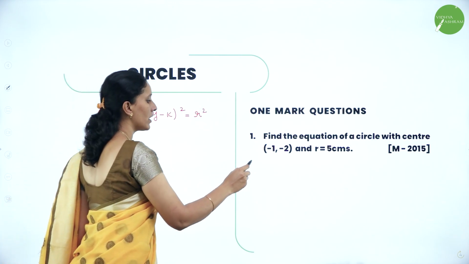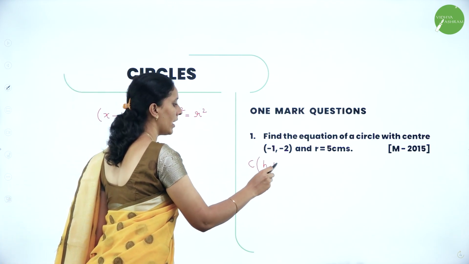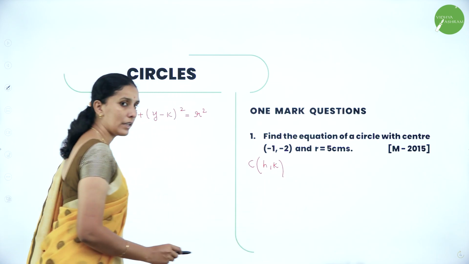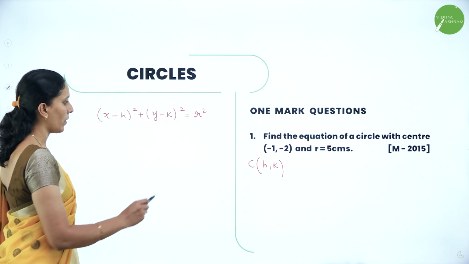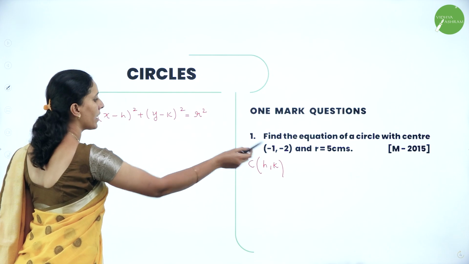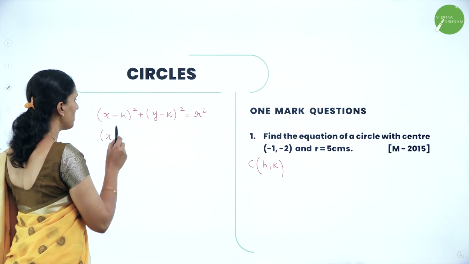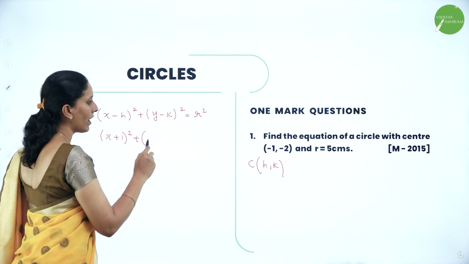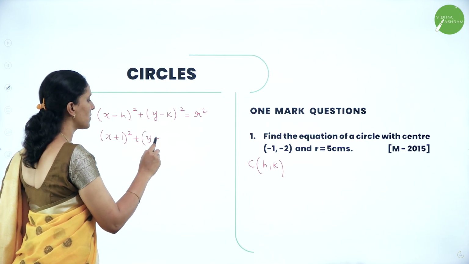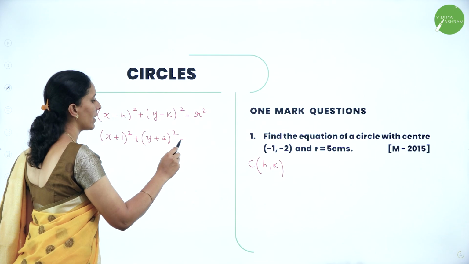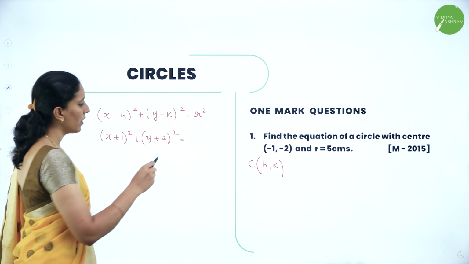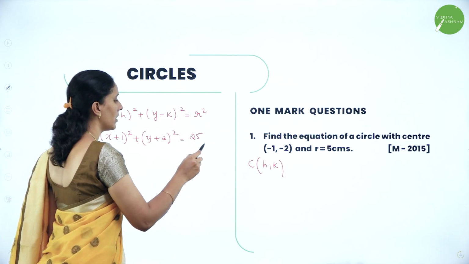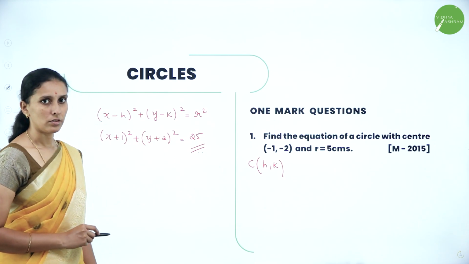So the center is given in the form of h comma k and r is given there, that is 5 square. So h value is minus 1 here. So this becomes minus 1 means plus 1 whole square and y value is minus 2 which becomes y plus 2 whole square. R value is 5, 5 square is 25.